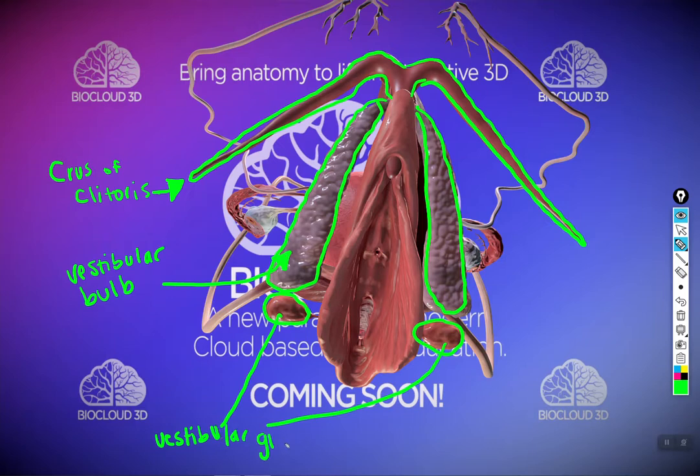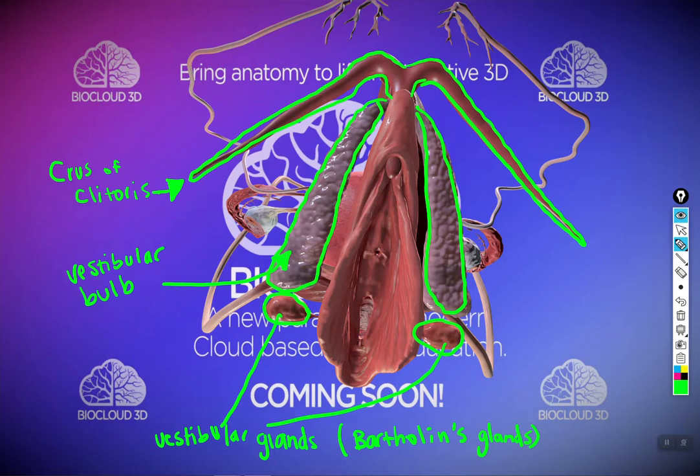My pen is not behaving itself. There we go. And these are also called Bartholin's glands. So if you see that terminology, just know that those two terms are interchangeable. They're both correct. It's just two different names for the same thing.